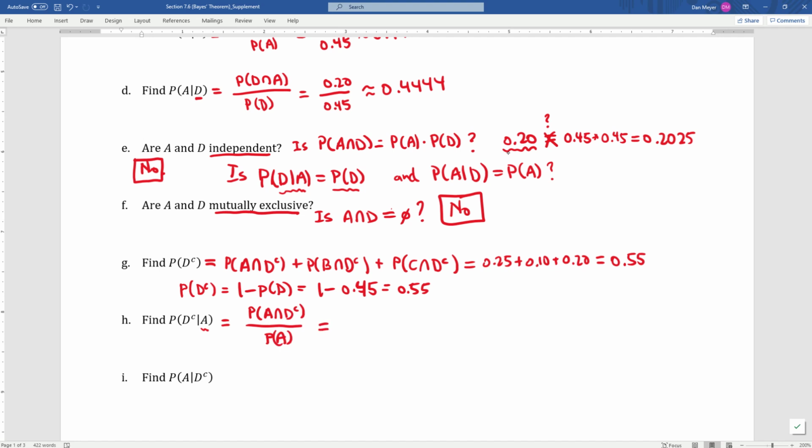Probability of A and D complement, we wrote down in the previous problem here, 0.25. And the probability of A from very early on was 0.45. And on the calculator, this rounds to about 0.5556.